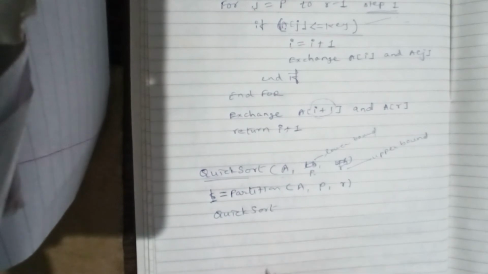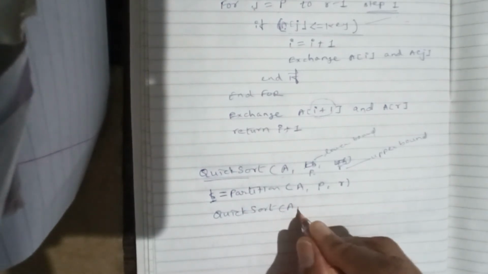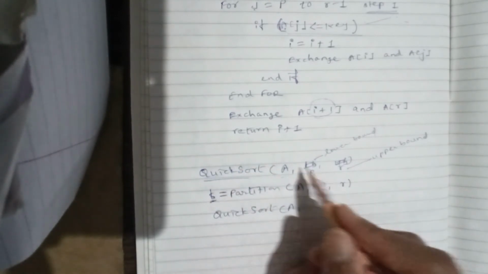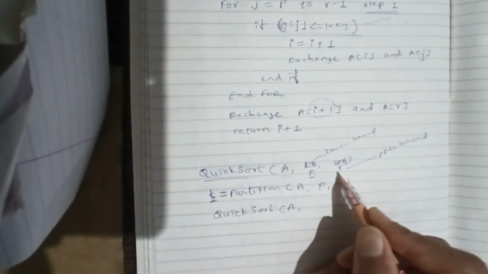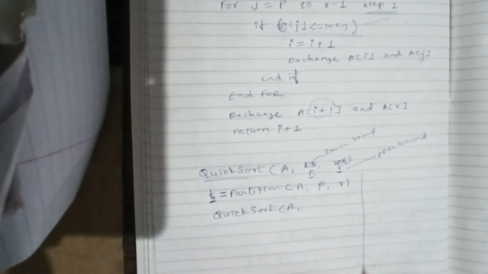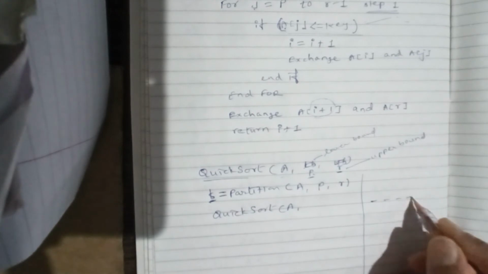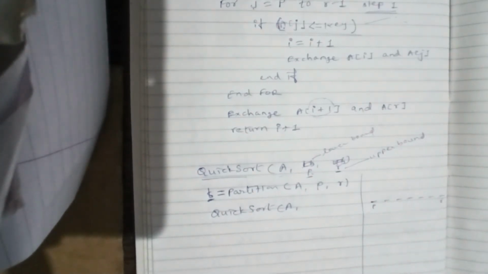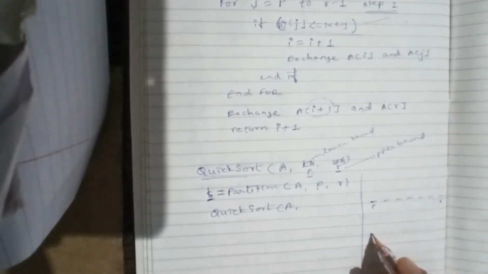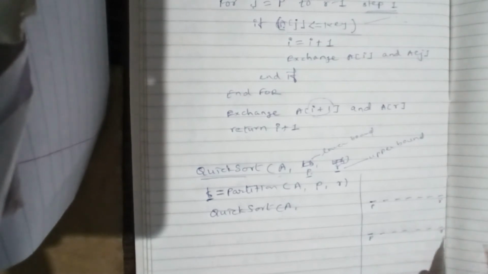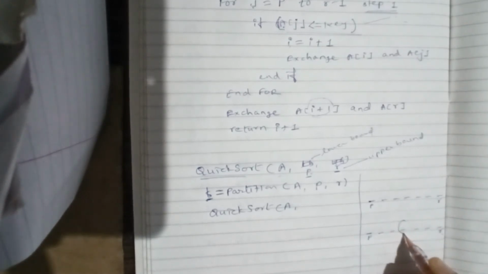Now if we have a list starting from lower bound P up to upper bound R, let's say these are my elements. This is position P, this position R. After exchange, I have this position P, this position R, and I got the pivot here at position F.